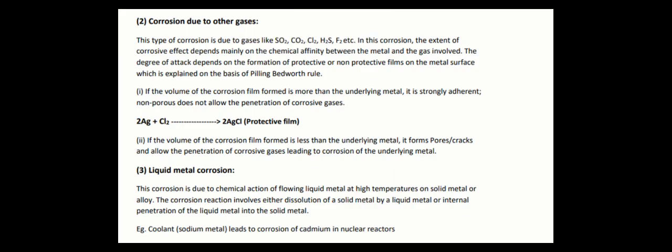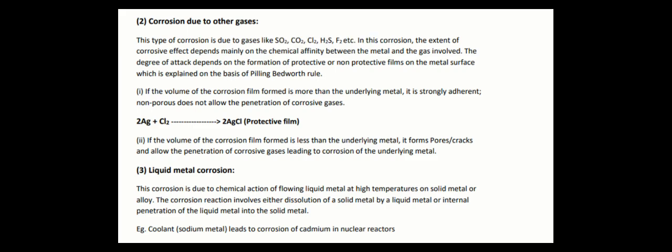And the third nature of the oxidation corrosion is liquid metal corrosion. The third category is liquid metal corrosion, commonly encountered in high temperature systems. This involves either dissolution of the solid metal into the liquid metal or penetration of liquid metal into the grain boundaries of the solid metal.